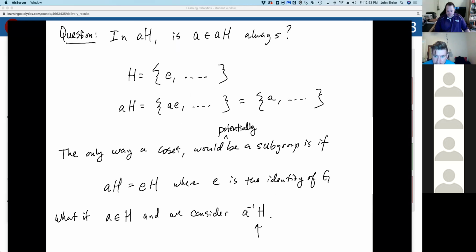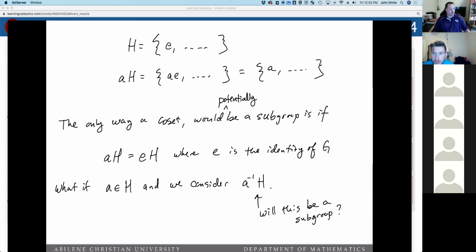So the question is, will this be a subgroup? We know it's a coset, but will it be a subgroup? That's a question that as we go on, we may want to think about. Potentially this is a subgroup, we'll just have to see.